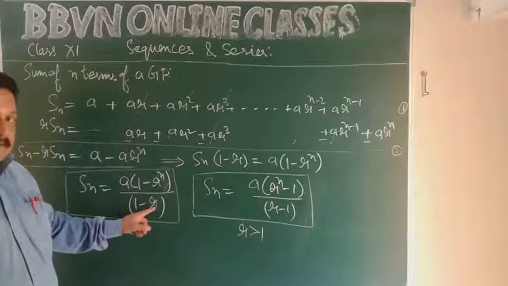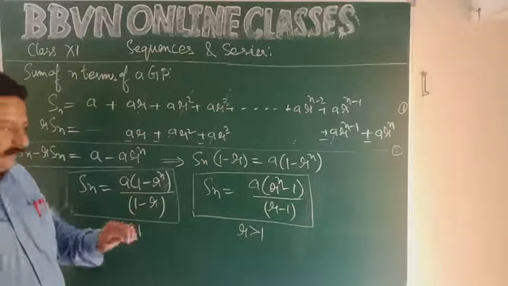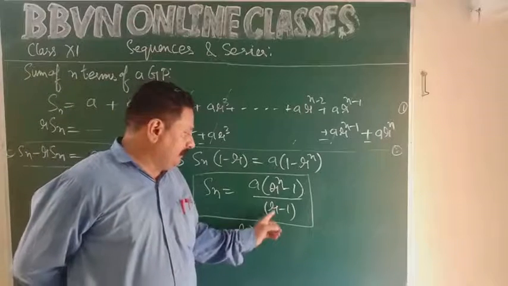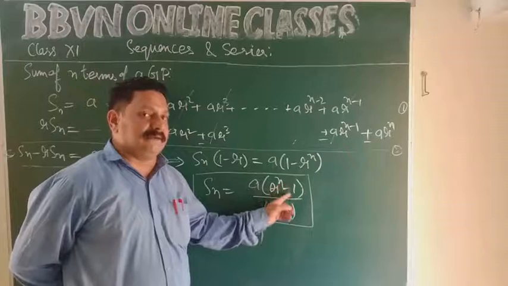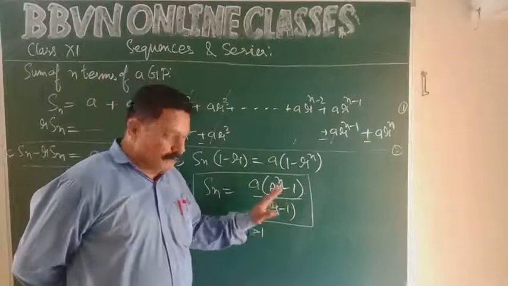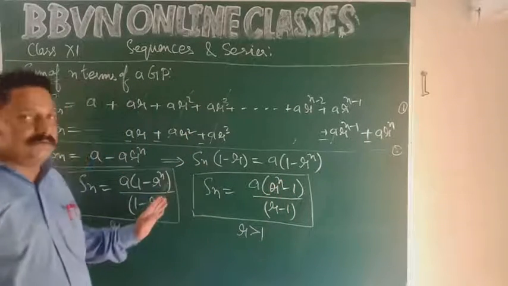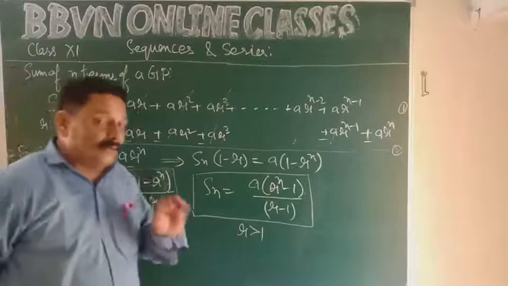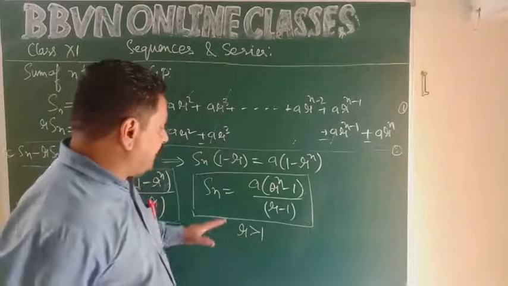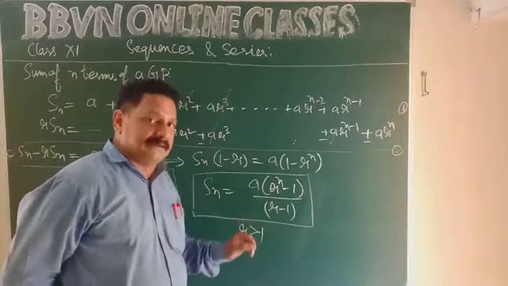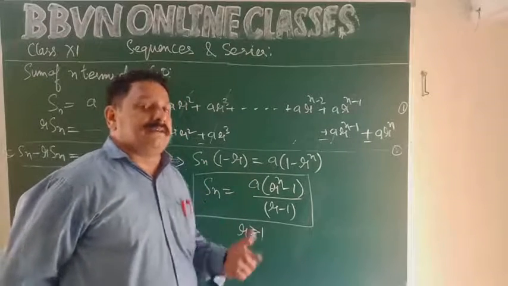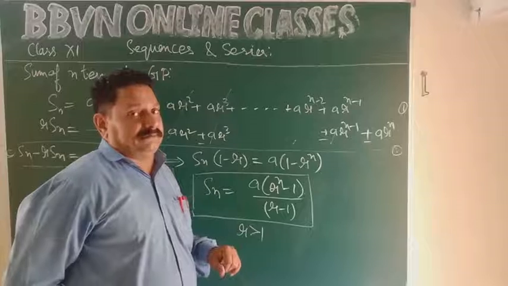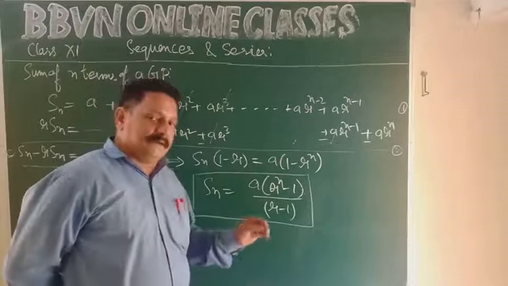If r is less than 1, then r minus 1 will be negative, and r power n will be less than 1. Again this will be negative, though you will get the same answer. Whichever identity you use, the answer will be the same. The only reason behind saying how to use this identity is very simple: there are chances that we commit mistakes with positive and negative signs. So it is advised.